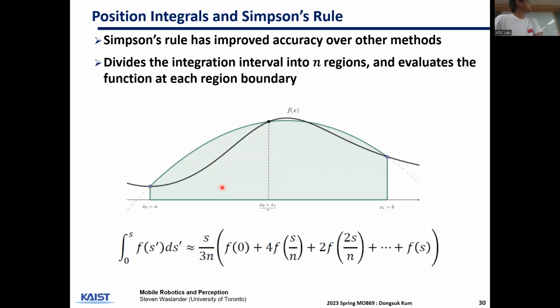So there's more on Simpson's rule. Simpson's rule has improved accuracy over other numerical integration methods, and it works by dividing the integration interval into n regions and evaluating the function at each region boundary. Obviously, the larger n, the more accurate your integral approximation will be.